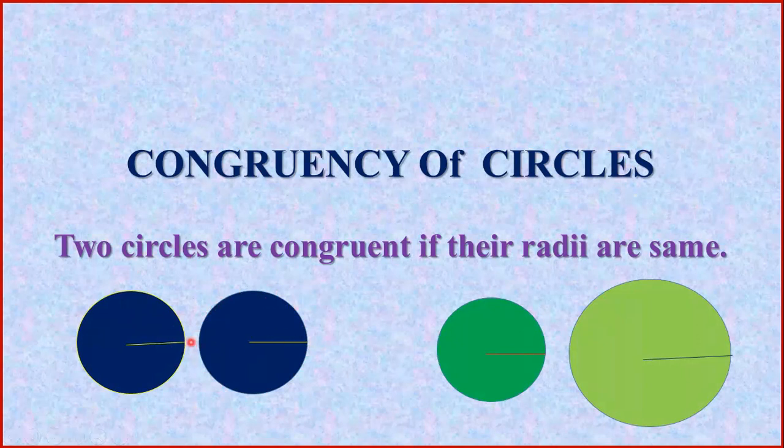And if the radii are same, their areas are also same, since the area is dependent on radius. Therefore, these two are congruent if their radii are same. In the second pair, their radii are not same. Therefore, they are not congruent.